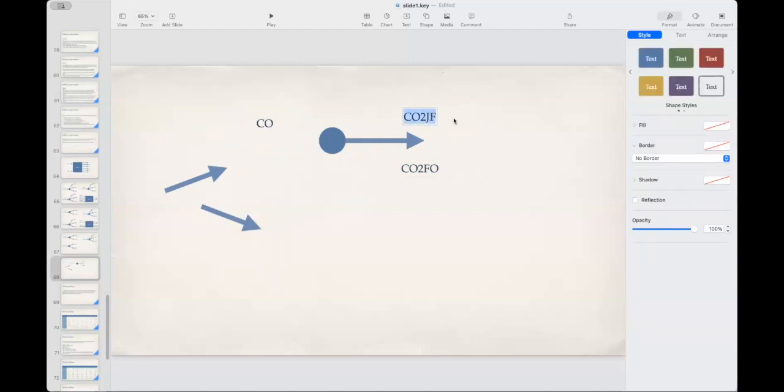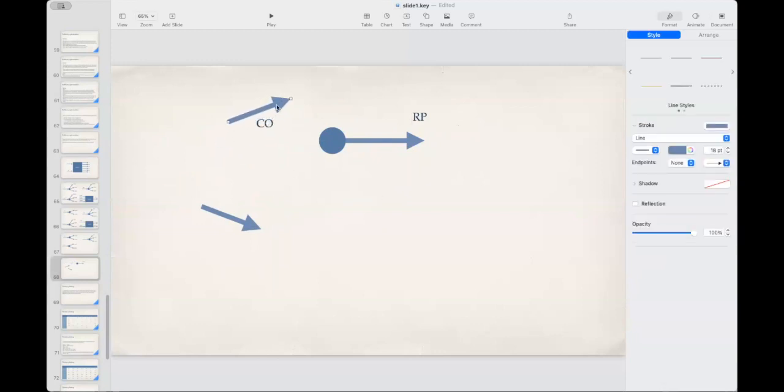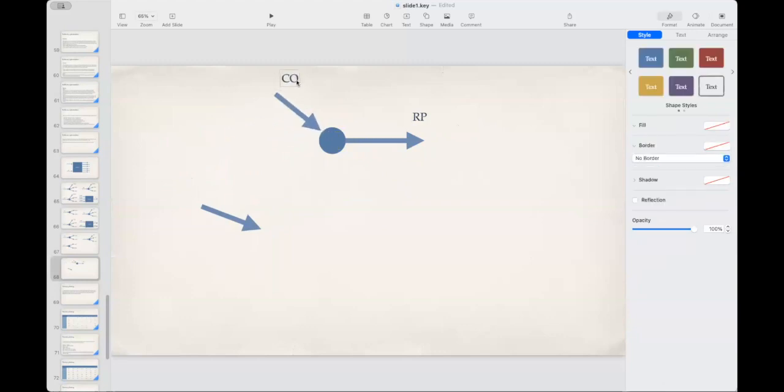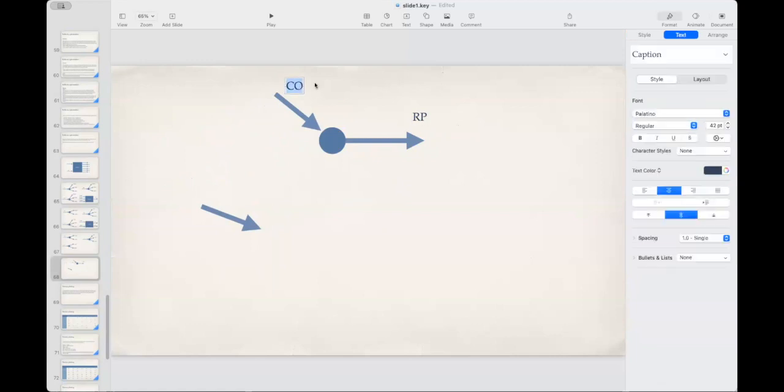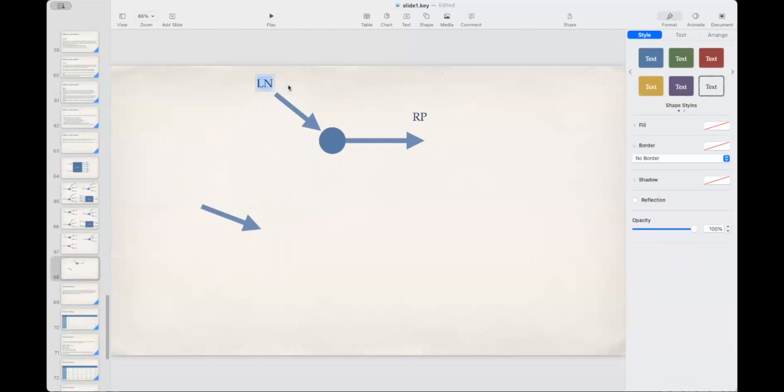Our product is RP, regular petrol. What we send to this, the first one, yes, LN to RP. Everything which ends with RP.